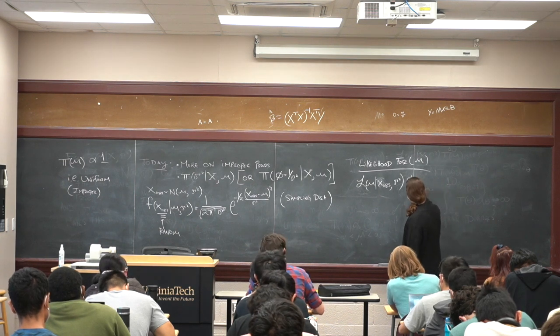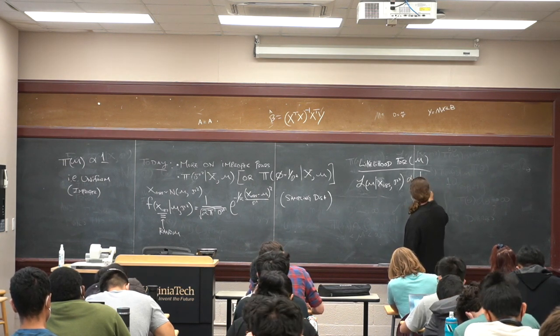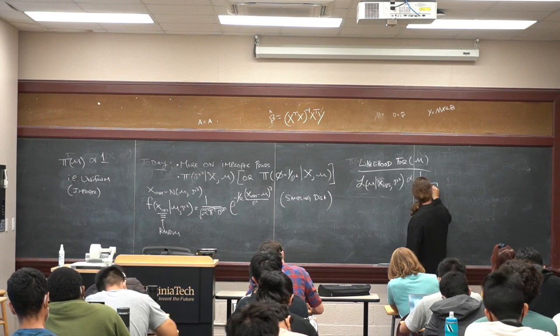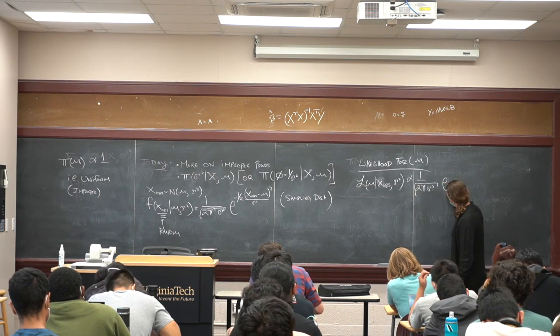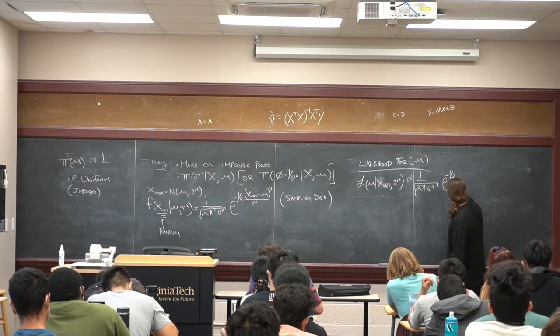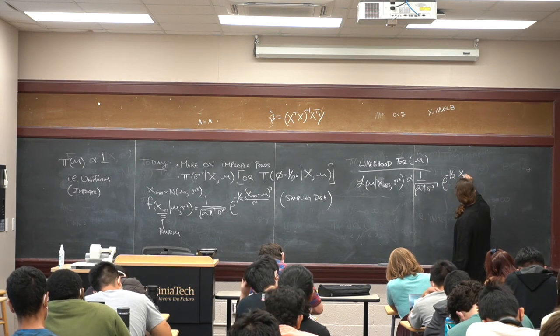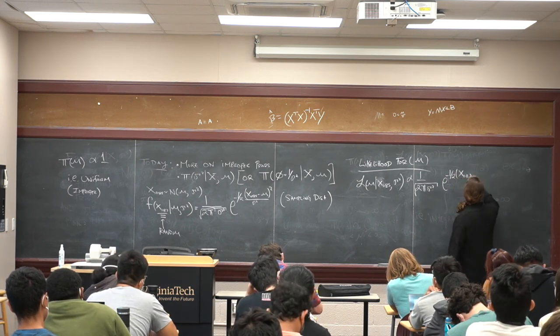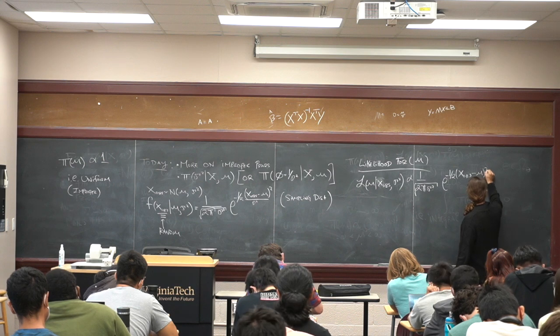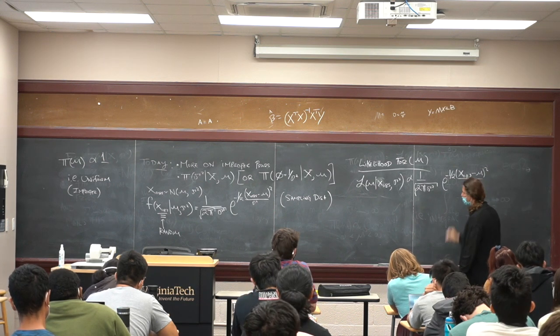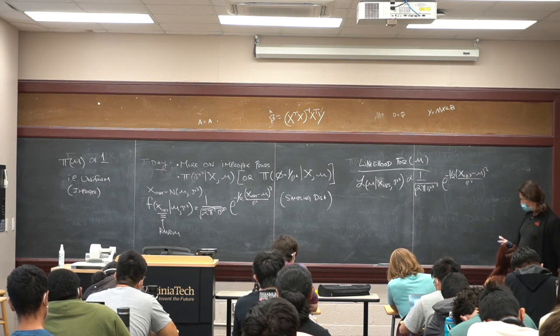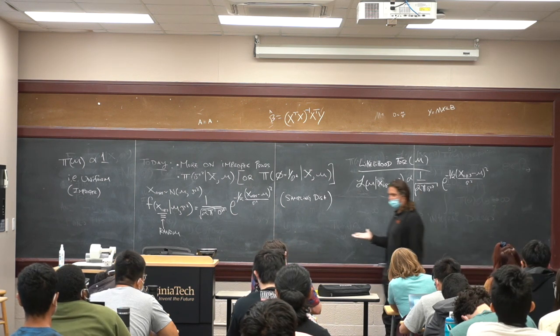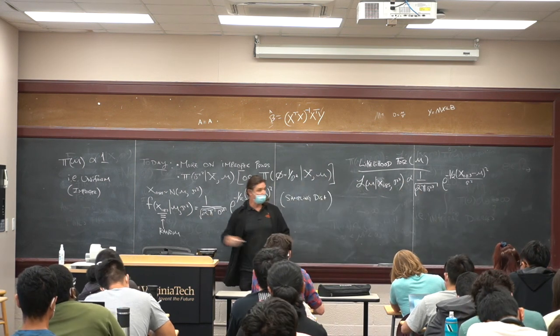And this is going to be proportional to 1 over 2 pi. I can plug my sigma squared right in there. E to the minus 1/2 x obs minus mu squared over sigma squared. So it looks exactly the same, except I used a funny symbol.